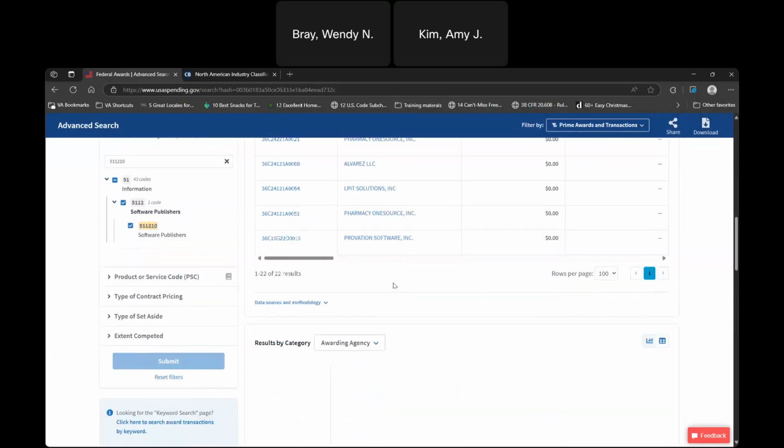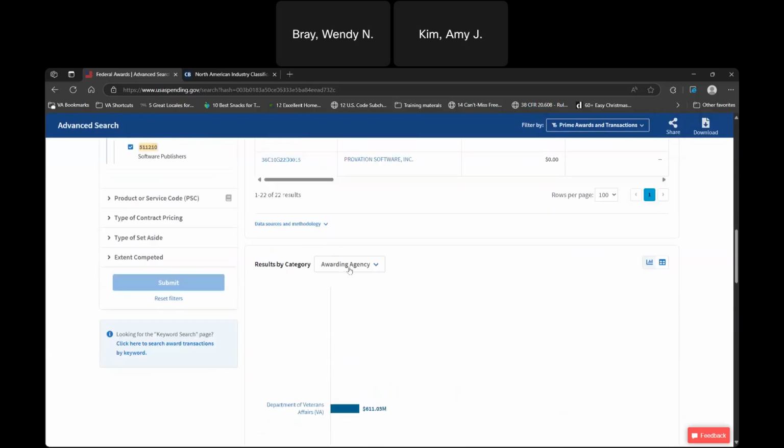Also, if we scroll down and look at the results, it says awarding agency, but if you actually click on it, it gives you the option to search by NAICS codes and product service codes. Sometimes as you're conducting your market research, you may have a NAICS code. For example, I believe it was 492110 when I plugged in for 2022.